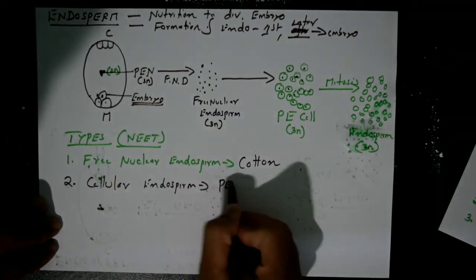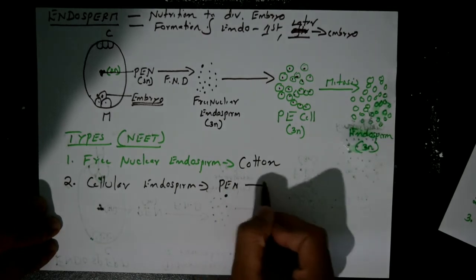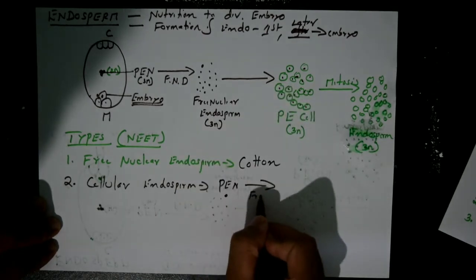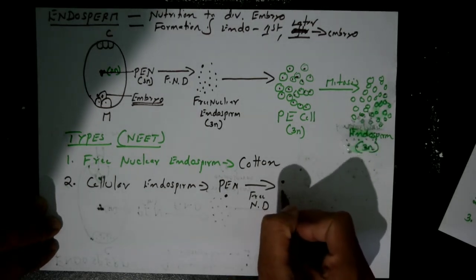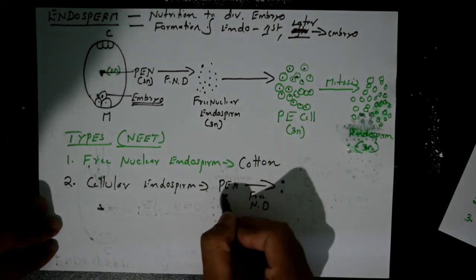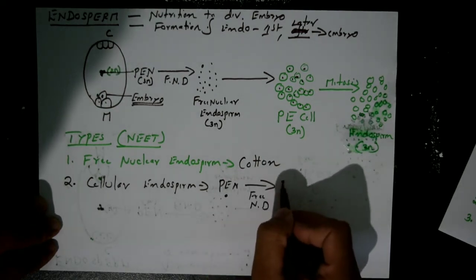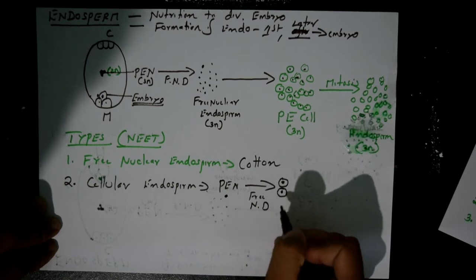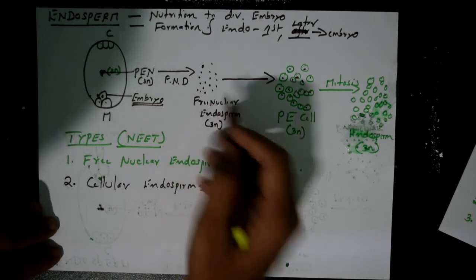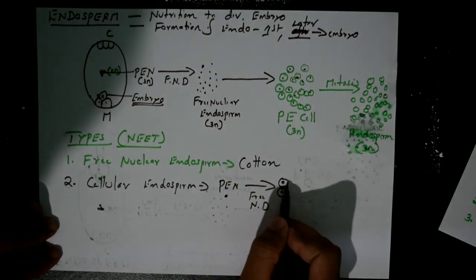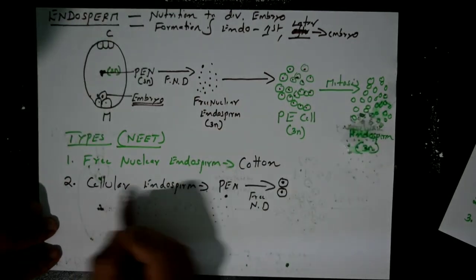I will take one primary endosperm nucleus which undergoes free nuclear division, FND, and ultimately it produces only two nuclei. So this one produces two nuclei. Once the two nuclei are produced, it is going to produce a cell wall around it. It will not wait until it produces more nuclei. It just forms the cell wall around it.